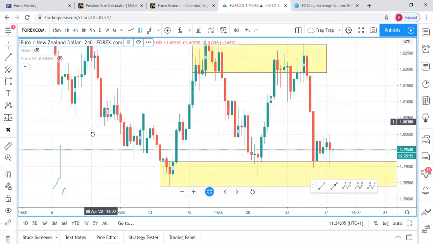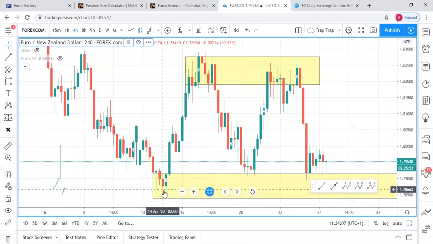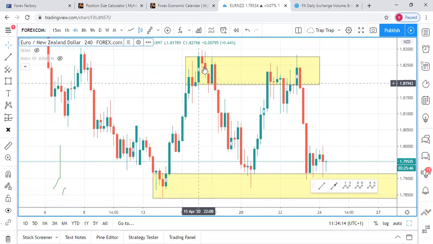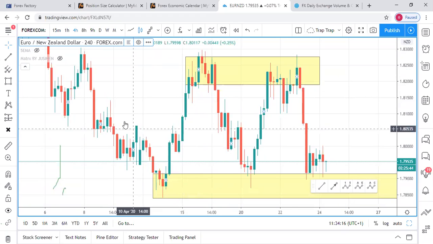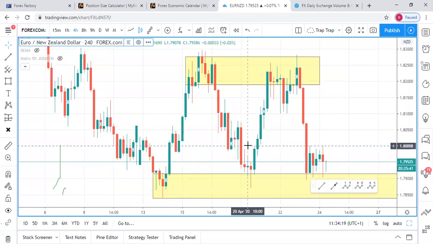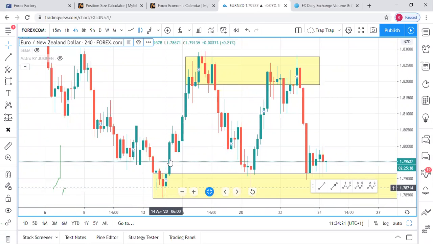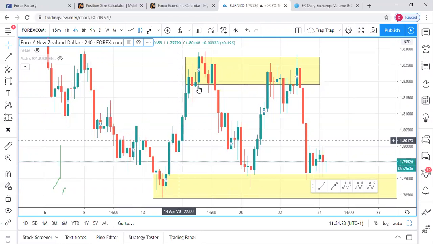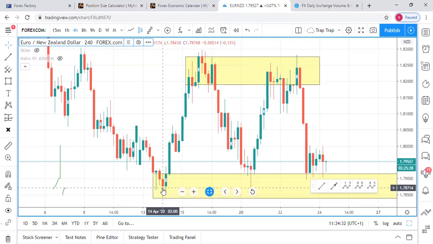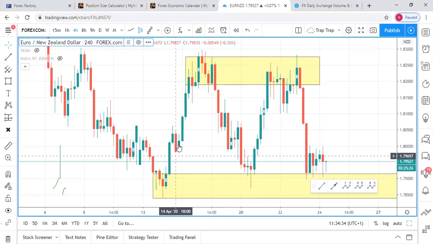I want to see a situation where price made a sustained move, taking out a lot of points. I will explain that, but I don't want to go too deep. Let's just look at support and resistance for now. I want to see price making an extensive move to the upside. So this zone, when I see price making an extensive move to the upside, I mark up this zone, because when price came here, there was a massive change in direction.